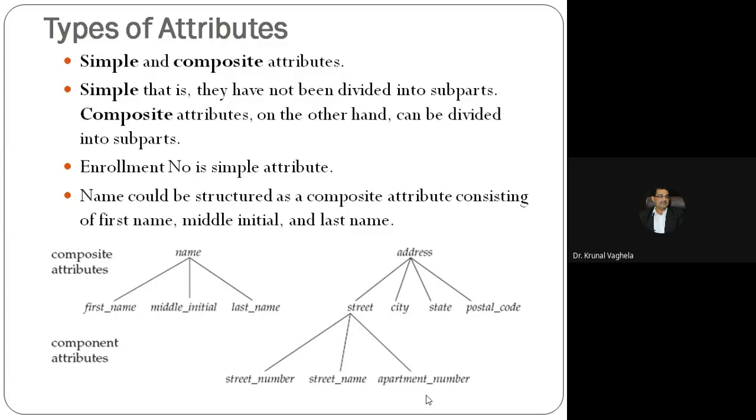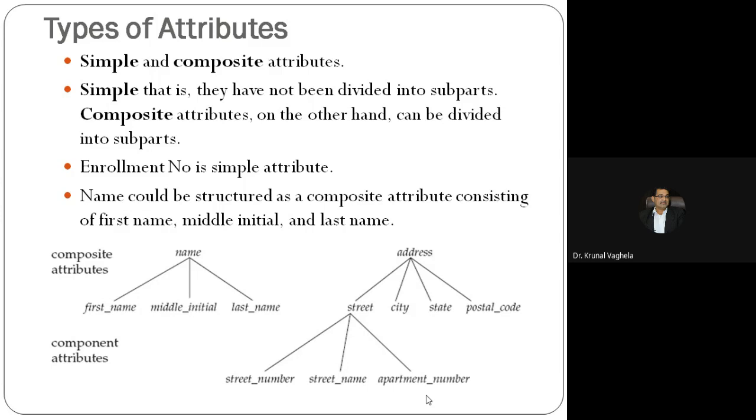Mobile number, you can say simple and you can also say composite, because a mobile number comes with a country code, +91. It is also composite. So M means main building, B for B wing.